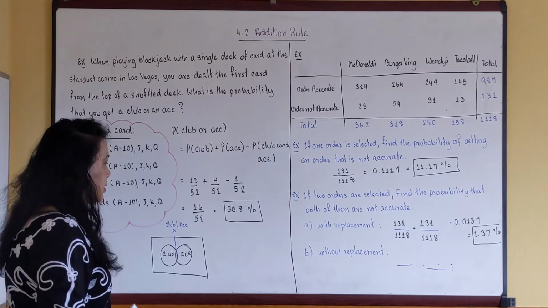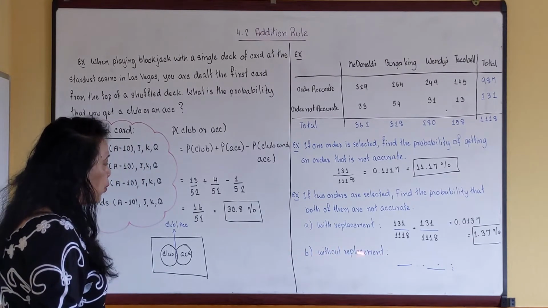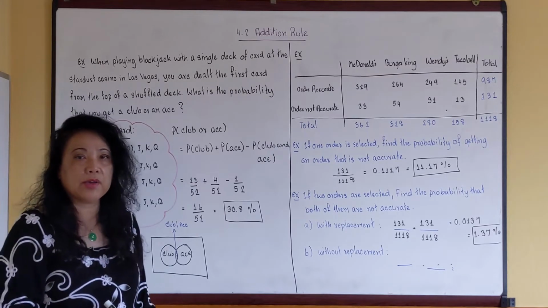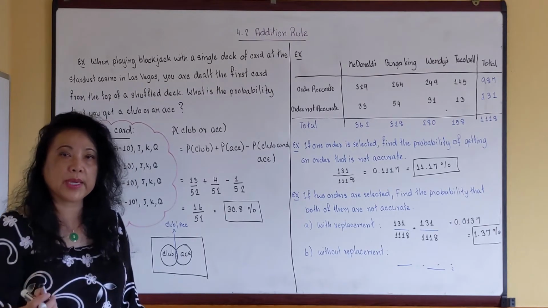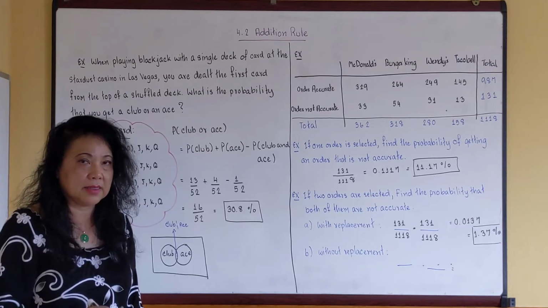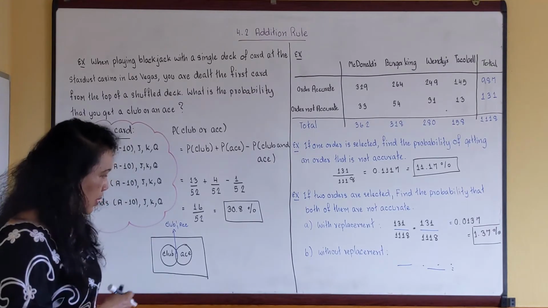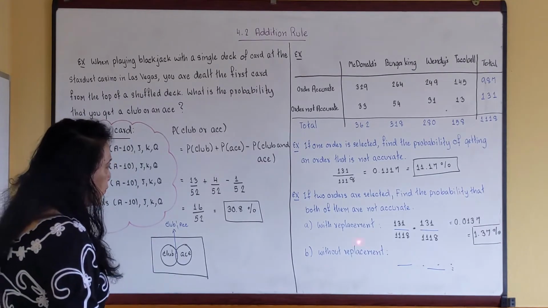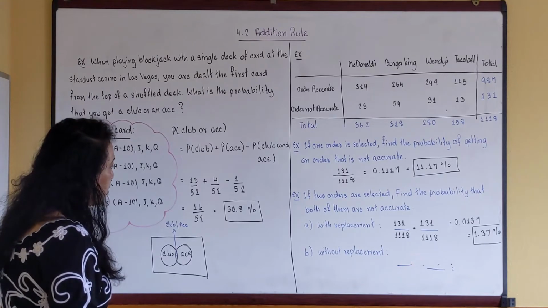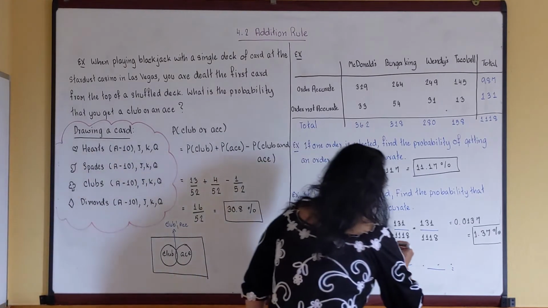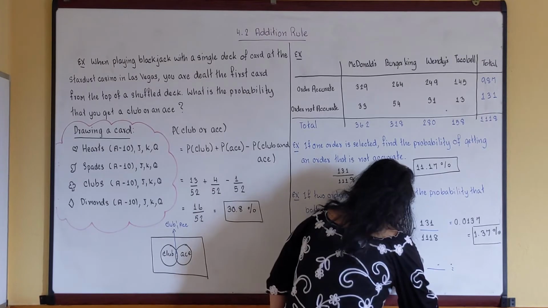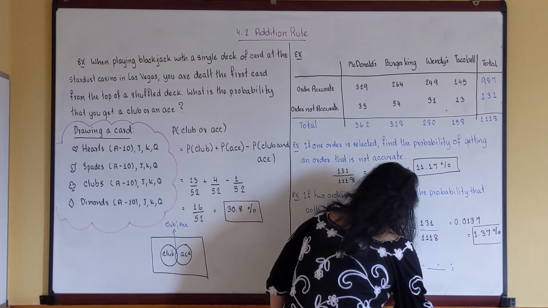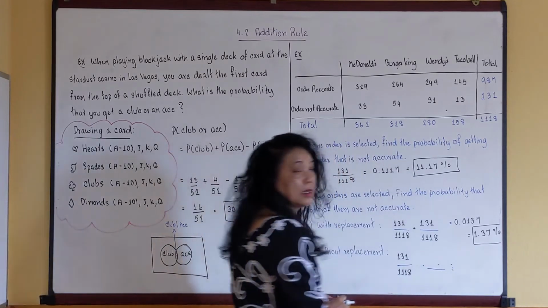Now I change it slightly. I say without replacement. Without replacement means whatever you pick, you will not pick it again. It cannot be picked again. So the probability of the first order happening will be 131 out of 1,118.